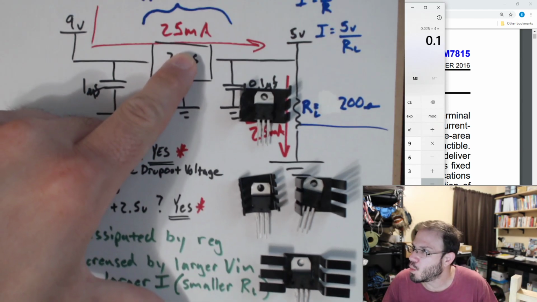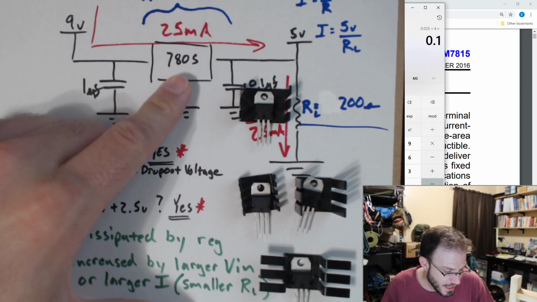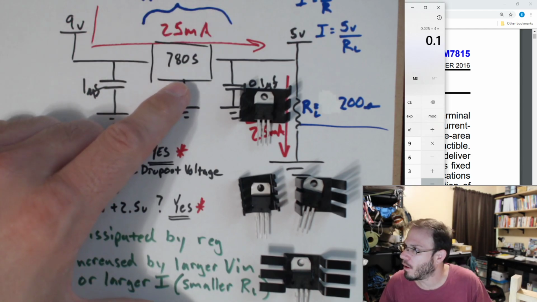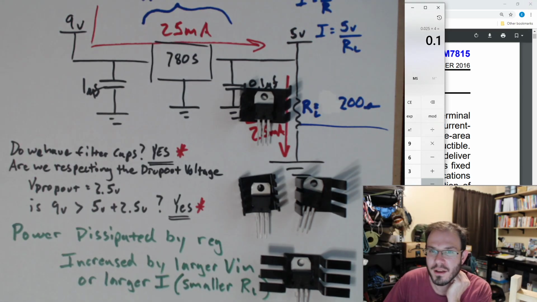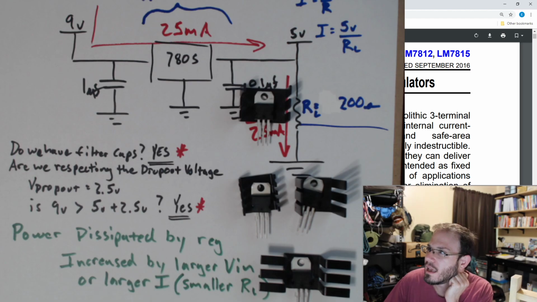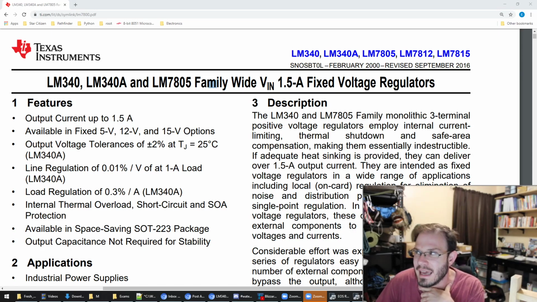So if you try to do 1.5 amps, you're going to get a lot more power actually being dissipated off of this. So even though it says up to 1.5 amps, yeah, that's pretty iffy.